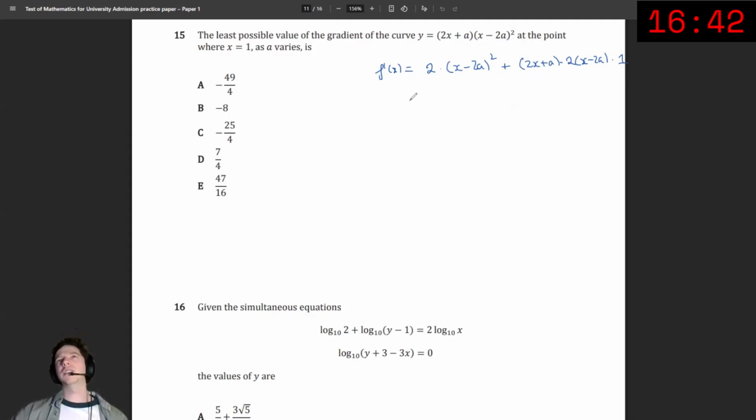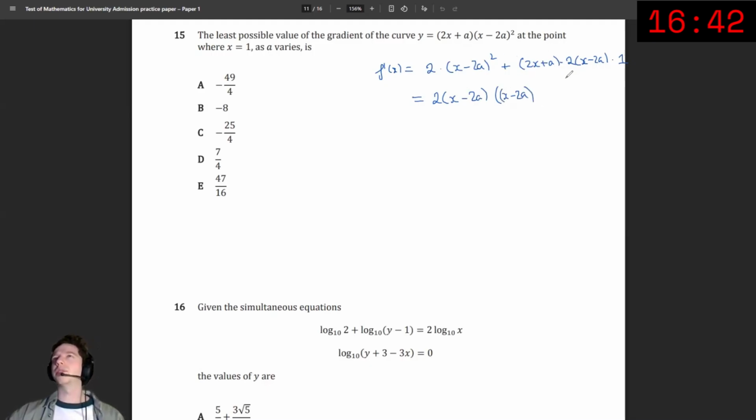And it's nice actually because you get a factorization out of it. We get a factor of 2 times x minus 2a. So we get x minus 2a here.